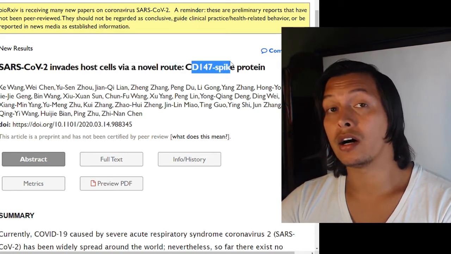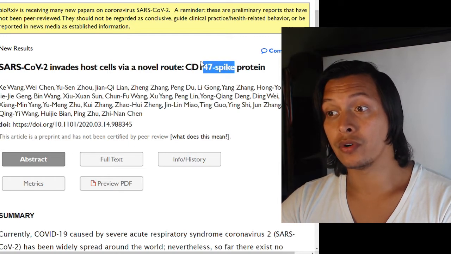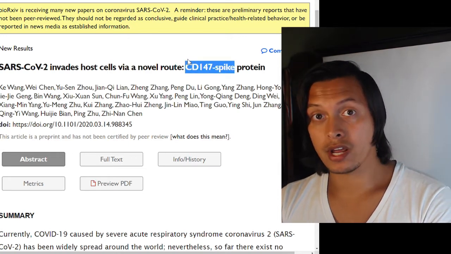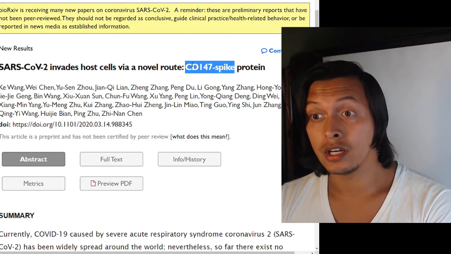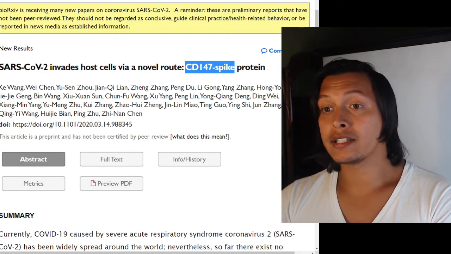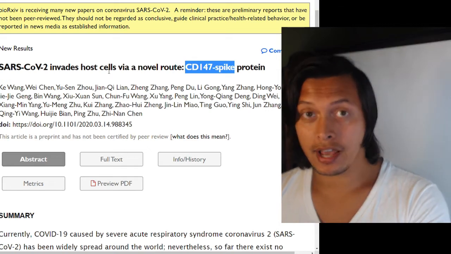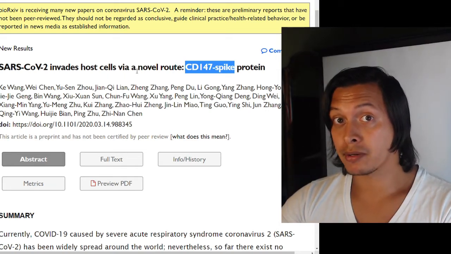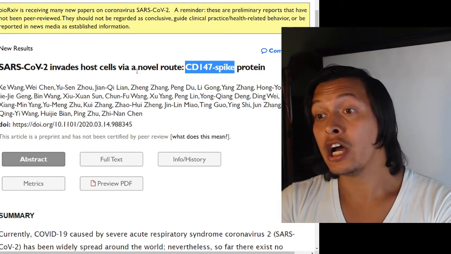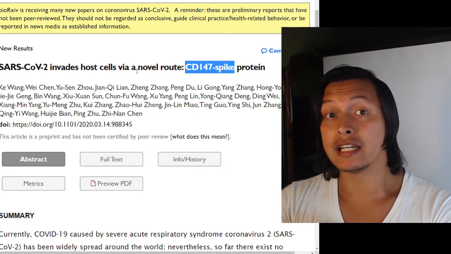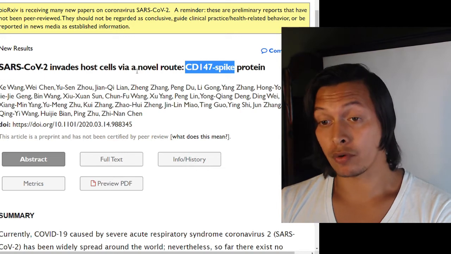The spike of SARS-CoV-2 is able to interact with the CD147. Granted, they haven't said whether or not the nucleocapsid protein of SARS-CoV-2 interacts with CD147. They're saying that the spike protein is interacting with CD147.